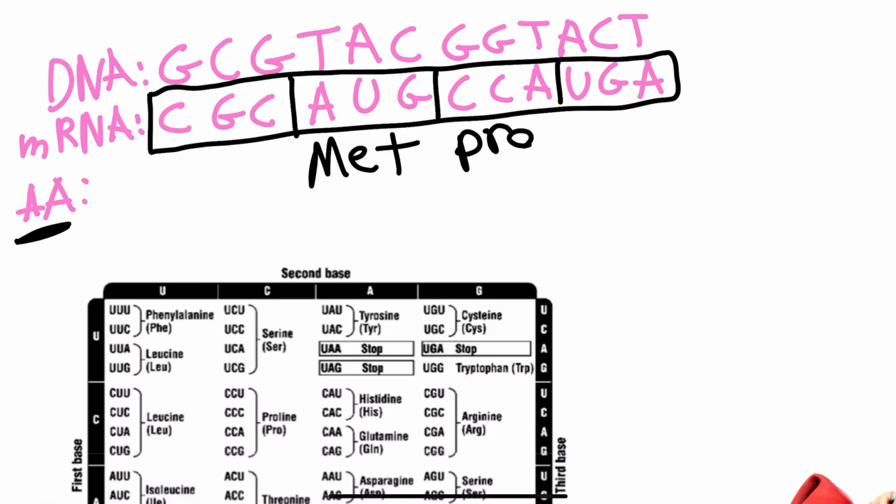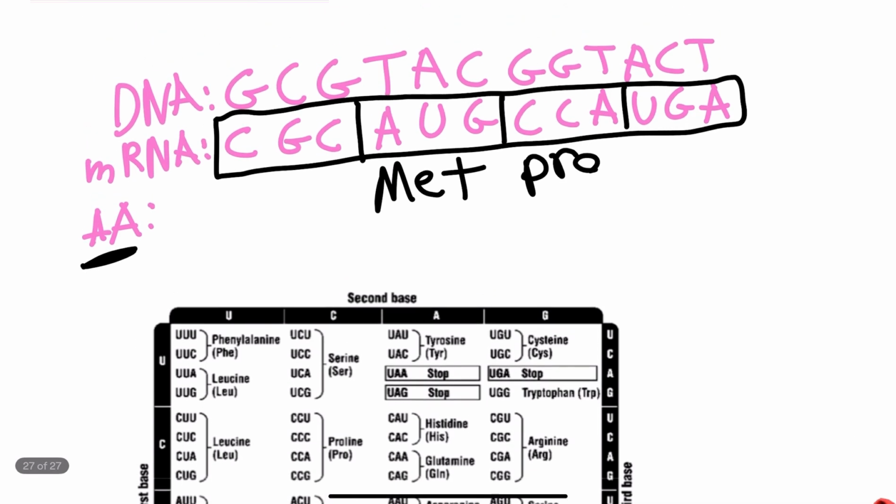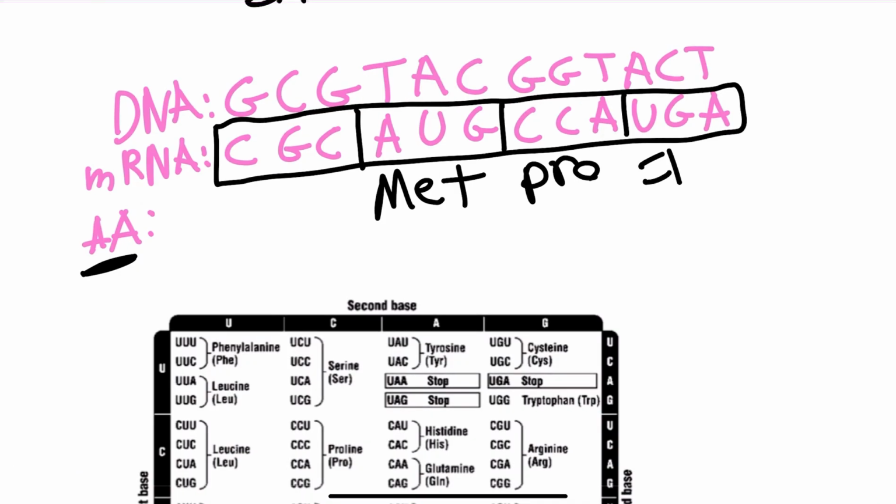All right, next one, UGA, we go over here, we got U, we got G, UGA. Oh, what is that? It's a stop codon. That means the recipe is done. So we're just done. We can either write stop here, or we can just leave it blank.